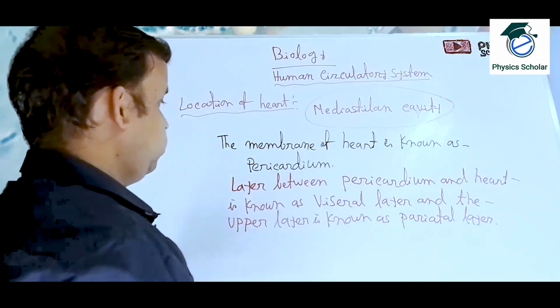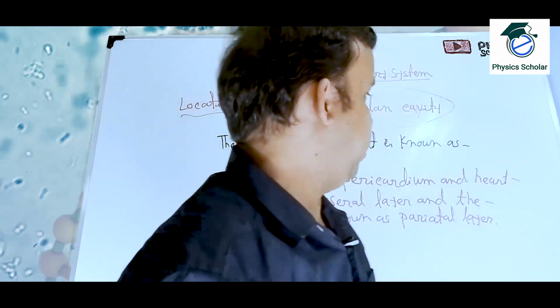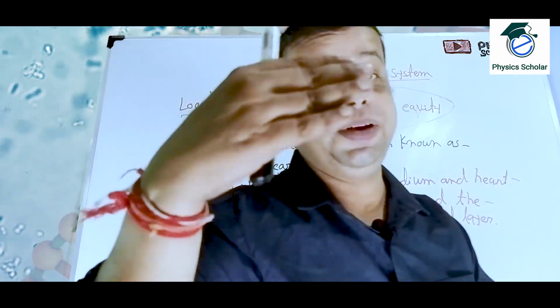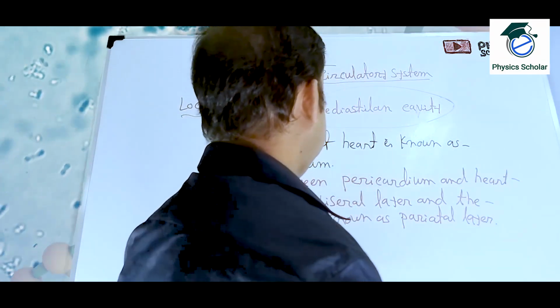Clear? So the layer between the pericardium and heart, that means the inside layer, is known as what? Visceral layer, and the layer above the visceral layer is known as the parietal layer.